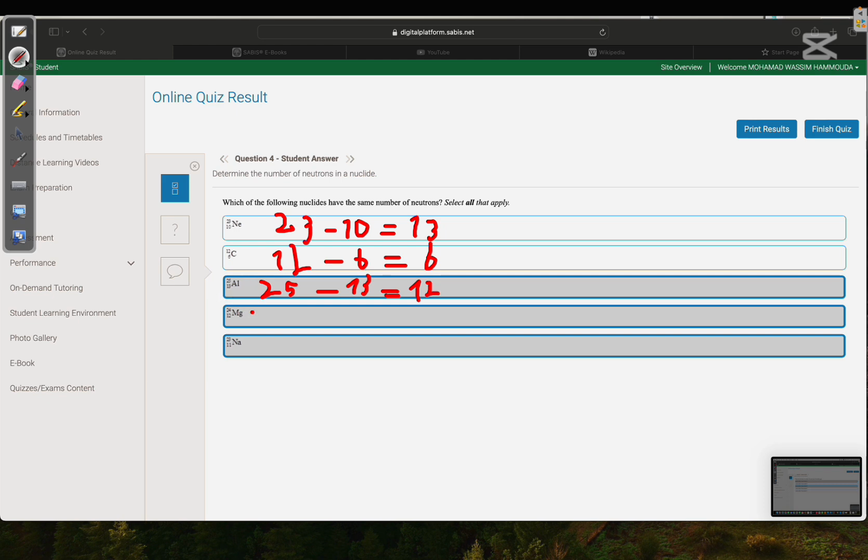Here in magnesium, 24 nucleons minus 12 protons is equal to 12 neutrons. And then for sodium, 23 nucleons minus 11 protons gives us 12 neutrons. So all of these three have the same amount of neutrons.